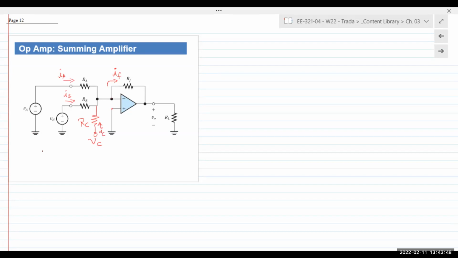As usual, first thing we verify is negative feedback. We see that the output is connected back to the inverting terminal, so negative feedback. If negative feedback is there, we can assume the differential voltage going into the op amp is equal to 0, meaning a virtual short, meaning the non-inverting terminal grounded is also keeping the inverting terminal at 0 volts.